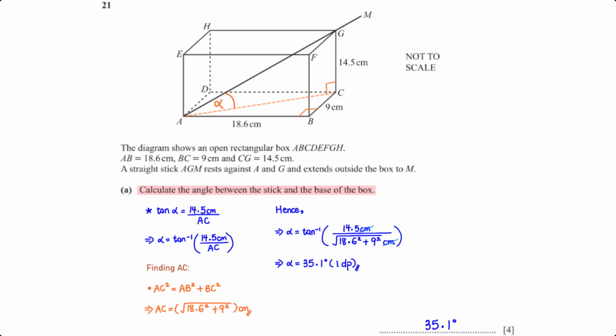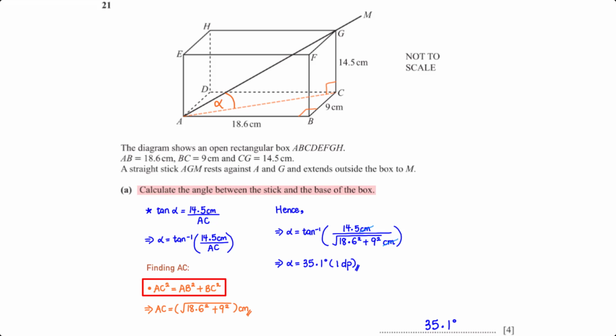To get the value of alpha, we apply SOHCAHTOA. This gives us tan alpha equals 14.5 centimeters divided by AC. When we make alpha the subject, this is what we have. We need to find AC. To get AC, we can apply the Pythagoras theorem to the right-angled triangle ABC.